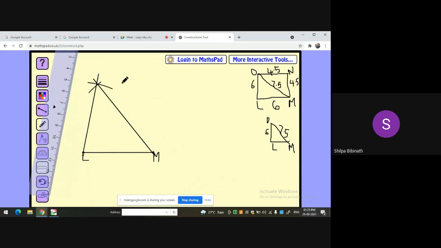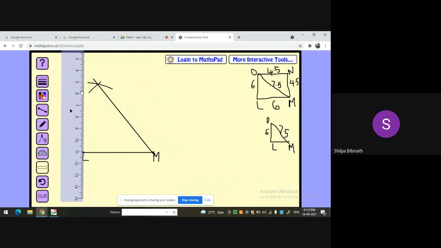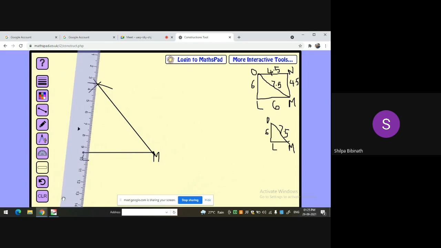Okay, so this point of intersection here we get it as O, point O.